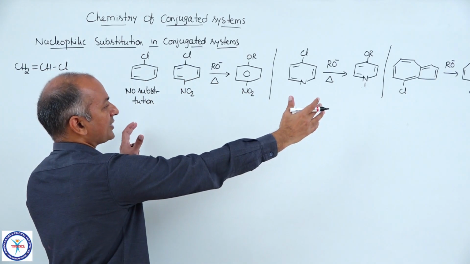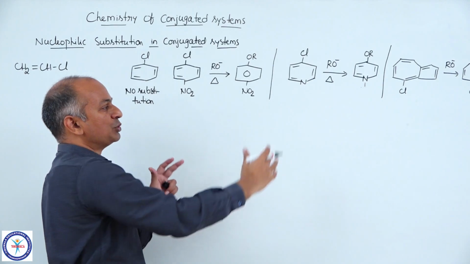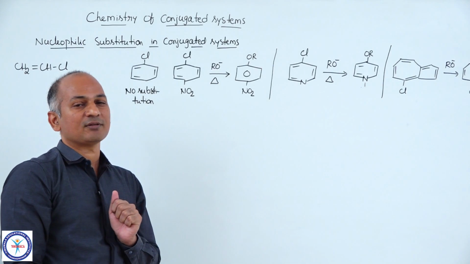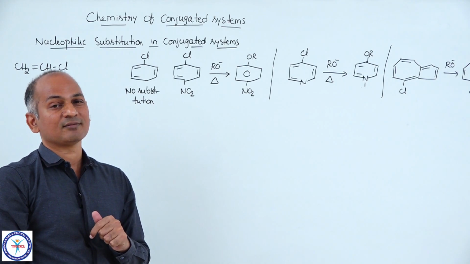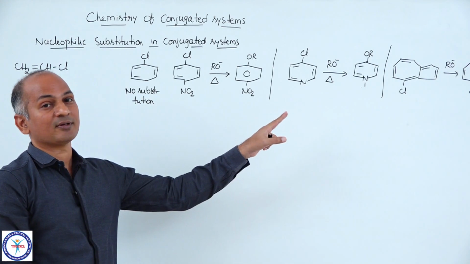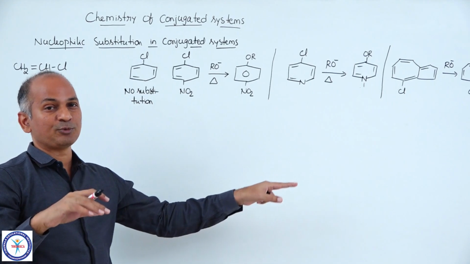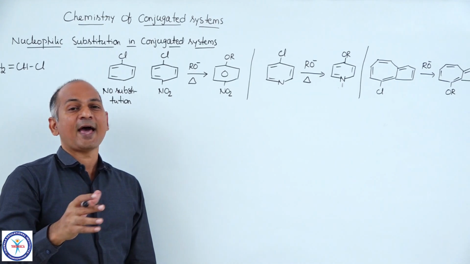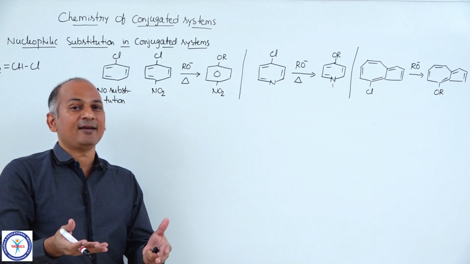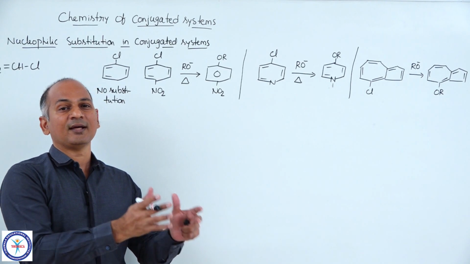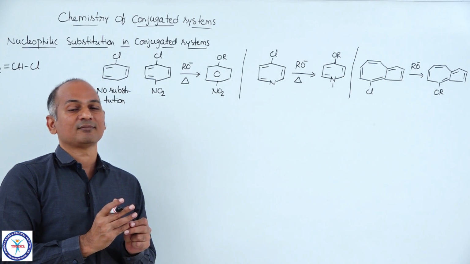Actually, you know about this already. This is what is called nucleophilic aromatic substitution, which is also called an addition-elimination reaction. It is a two-step mechanism. In the first step, the nucleophile comes and attacks, aromaticity is disturbed, and in the second step, aromaticity is regained by the leaving of the halogen.